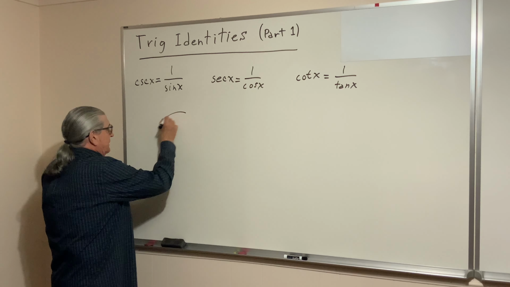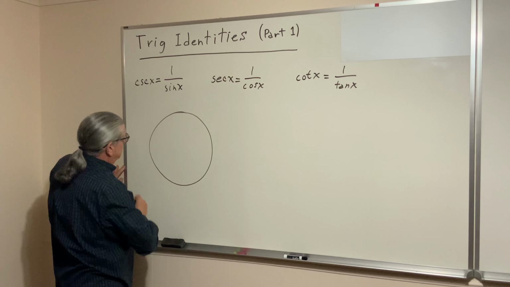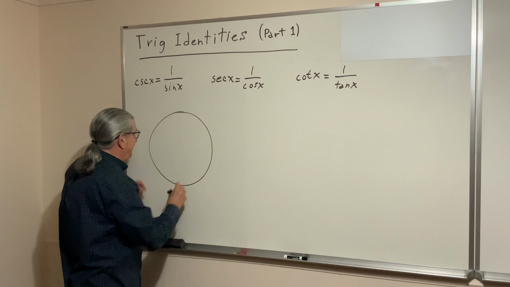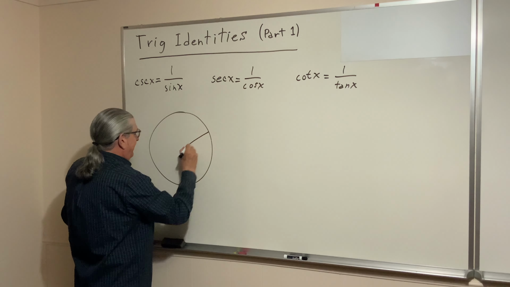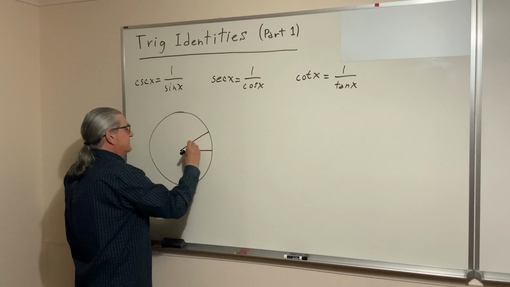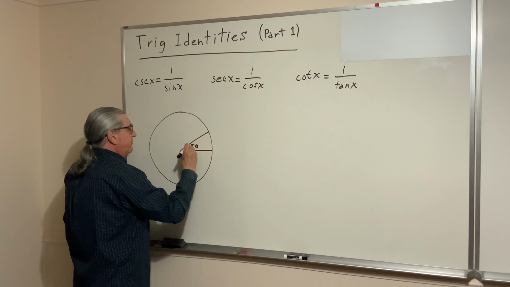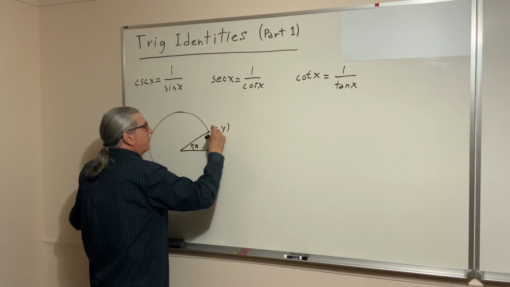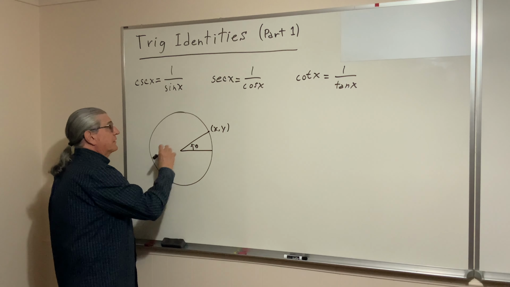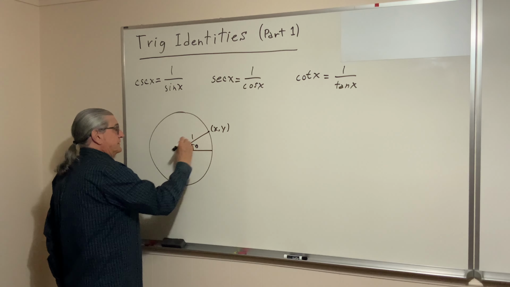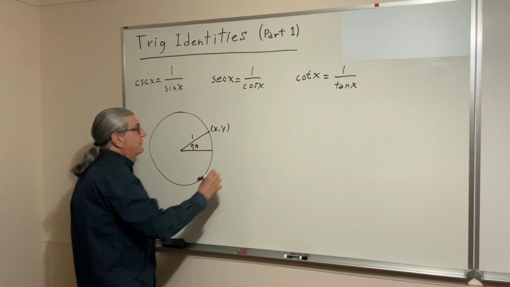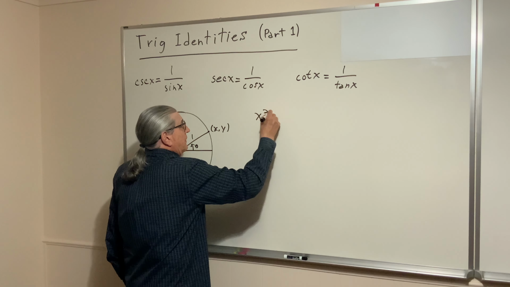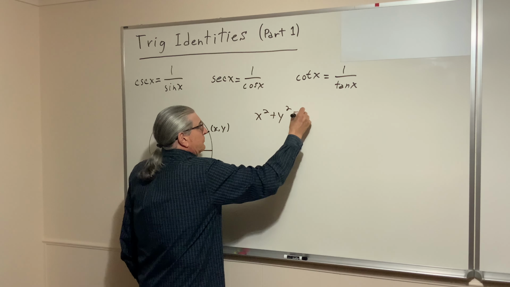Let's take a unit circle. And this is theta, and this is the point xy. And this is the length 1, so we know that x squared plus y squared equals 1 squared.